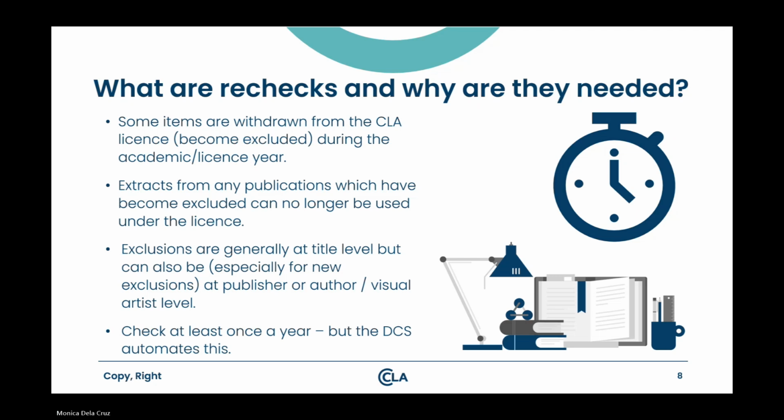Oh, yes, right. Okay, so for the CCC, so for the CLA repertoire, generally speaking, most books, journals, magazines printed in the UK are covered by the license, and lots of digital publications overseas. For the USA, it's slightly different.